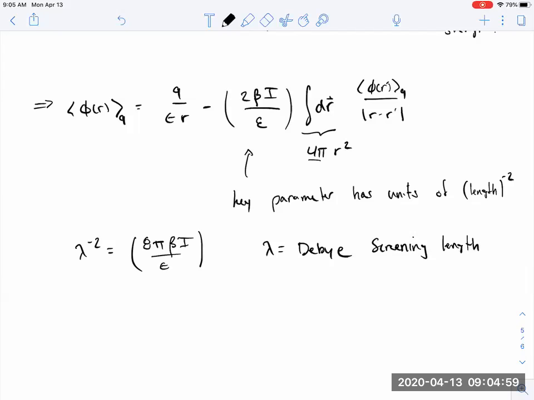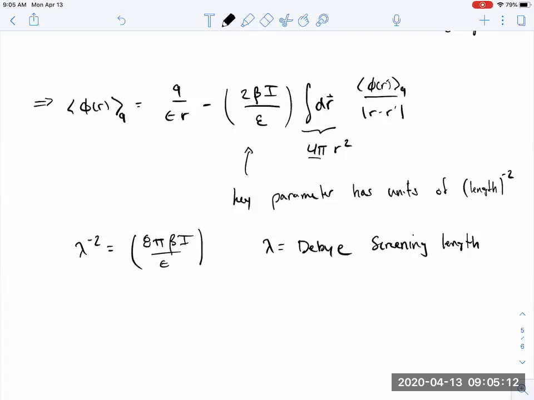Without even solving that expression above, we know that an important parameter will be that length scale. That's what naturally comes out of just dimensional analysis.